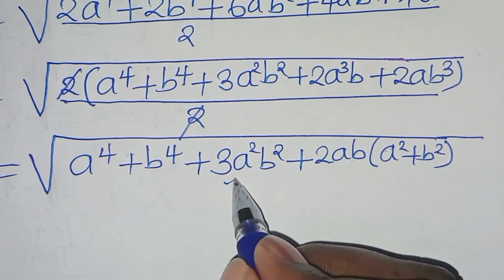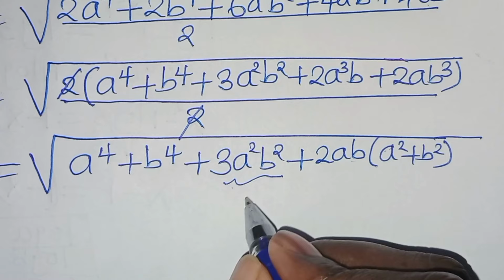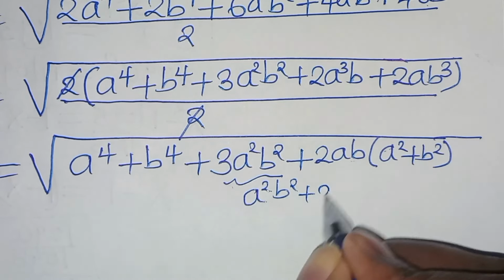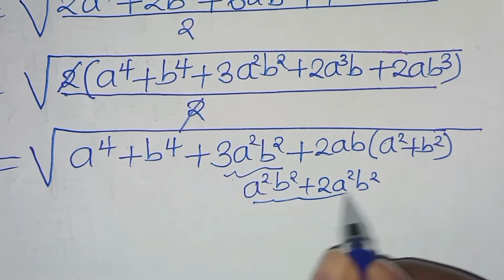We can express 3A squared B squared as A squared B squared plus 2A squared B squared. So let's substitute this.